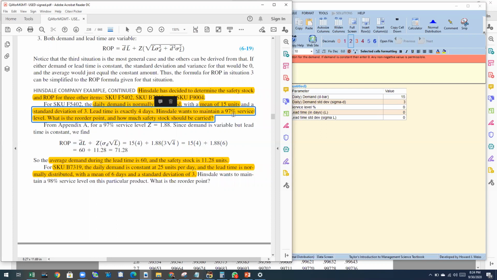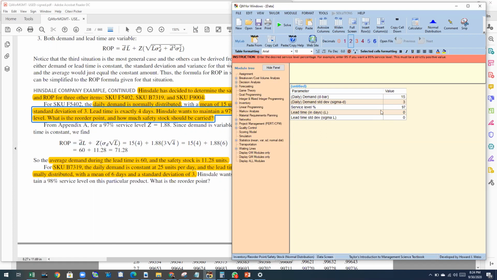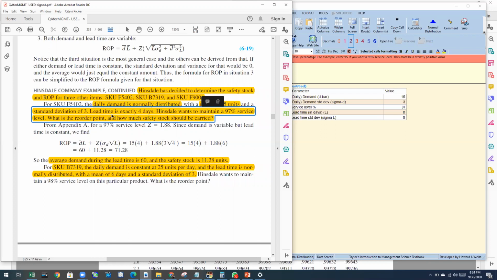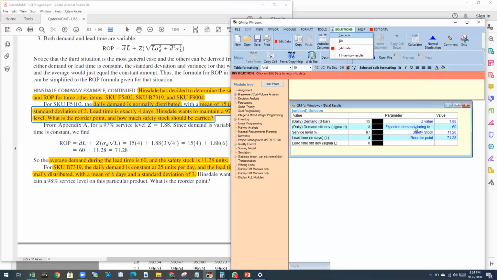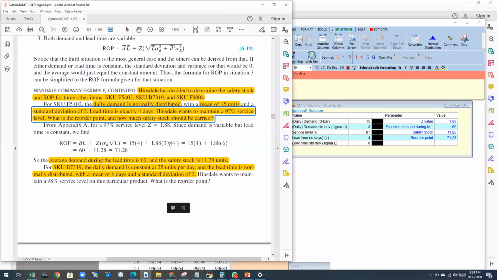And we wanted a service level of 97%. So we type in 97. The lead time in days, these are exactly 4 days. So we type 4. Okay, and because lead time is constant, we have no standard deviation for lead time. We leave it empty. And after that, we click solve, and we find that the Z value is 1.88, which is correct.